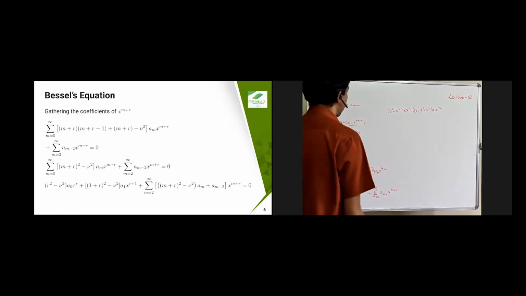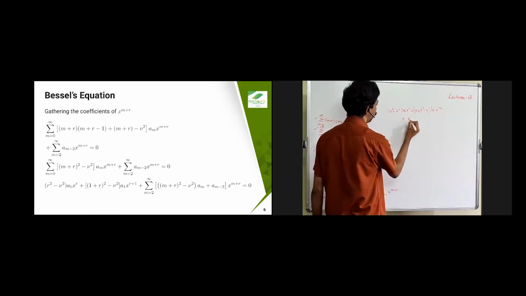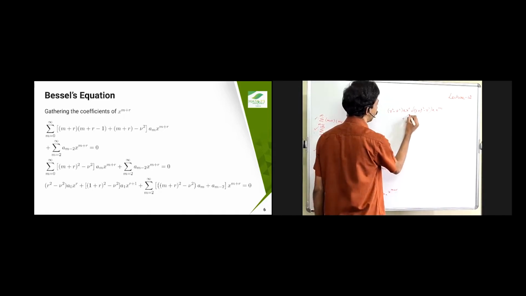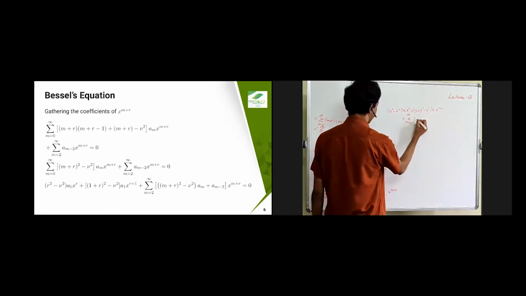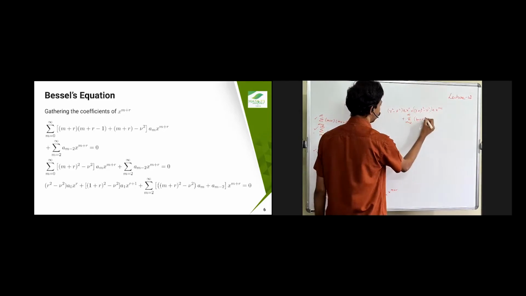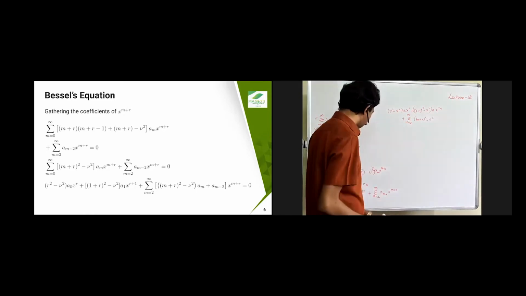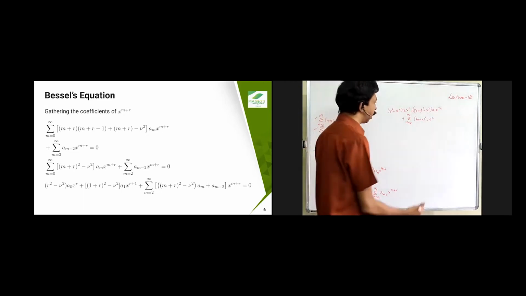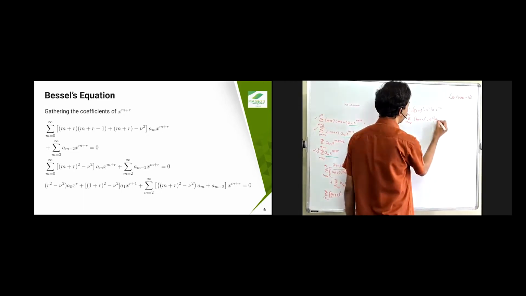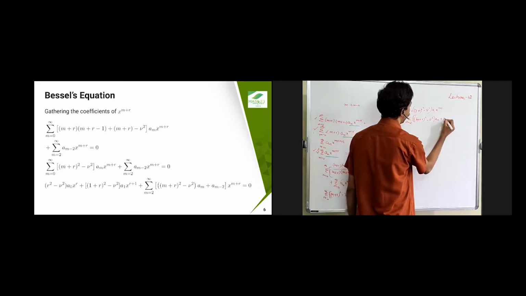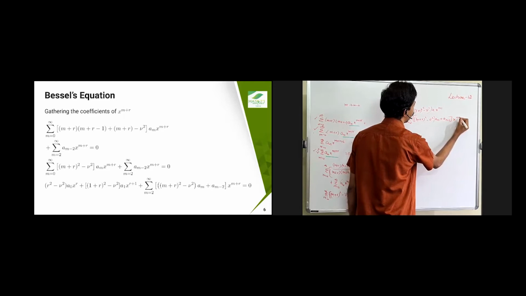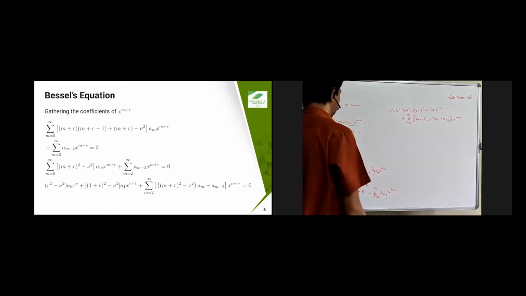Plus the remaining terms, I can just sum together: m equal to 2 to infinity, (m plus r) whole square minus u square. Again, I can take the same thing here, so m minus 2, I can take it, into a_m plus a_{m-2}, into x power m plus r, equal to 0.